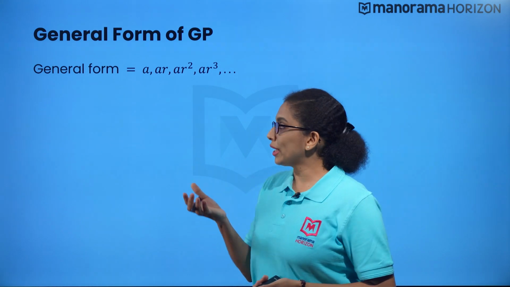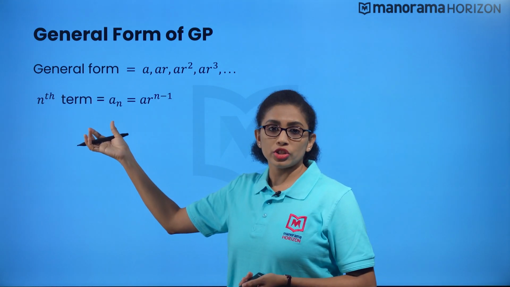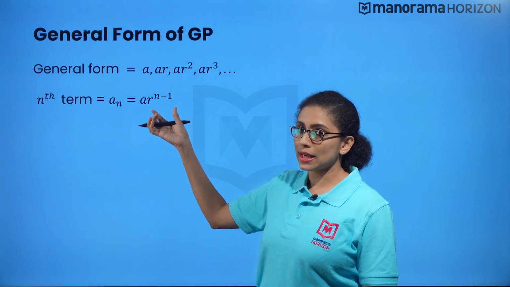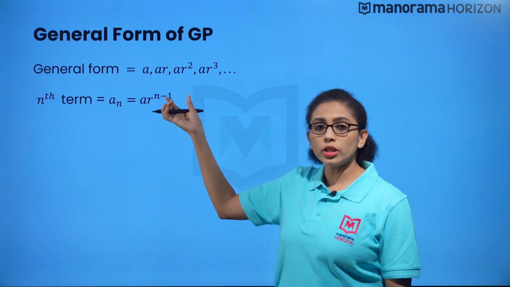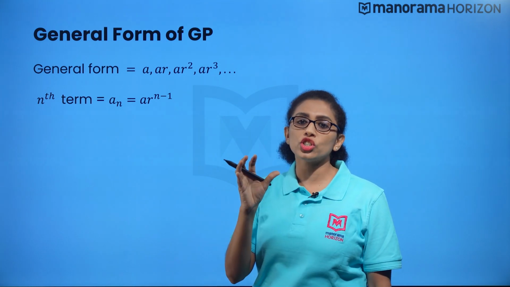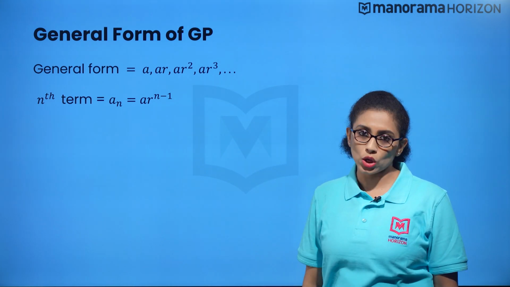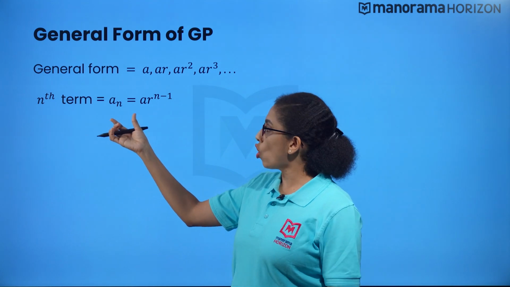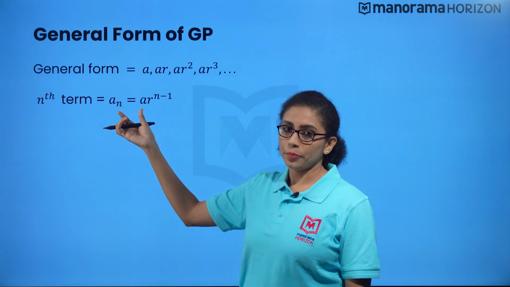From this, we can write the nth term of the GP. It is A into R raised to n minus 1, where the power n minus 1 is always 1 less than the position n of the term in the sequence. And the nth term of the GP is denoted as An.